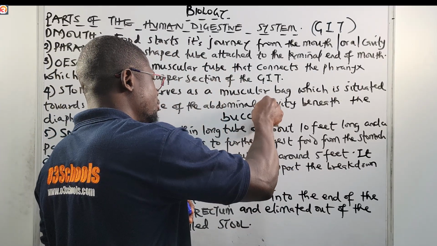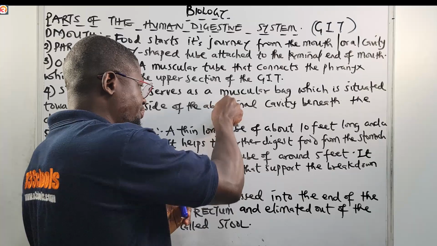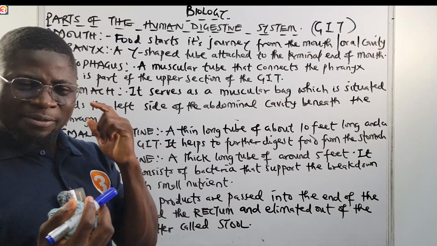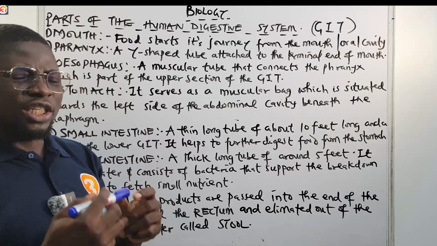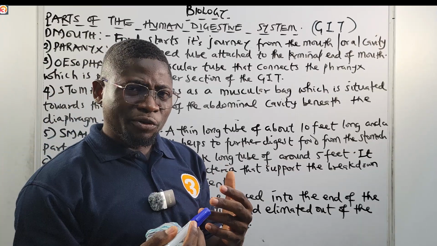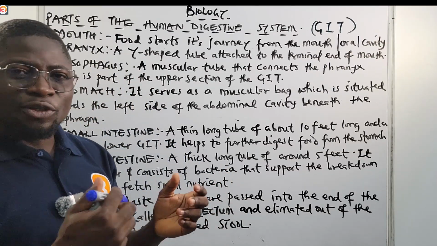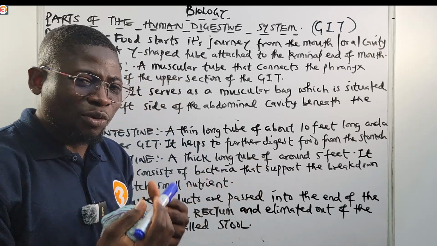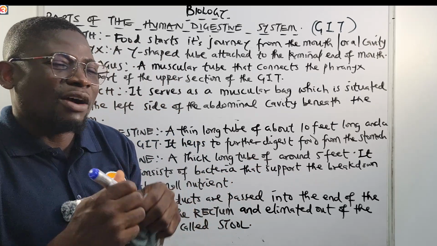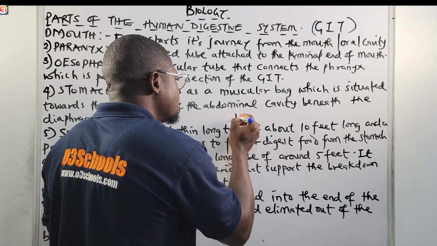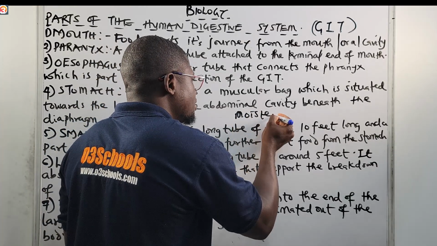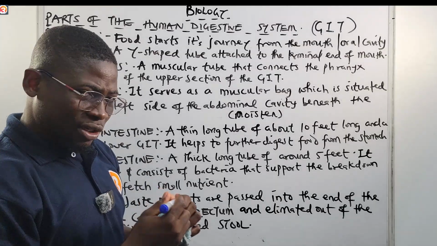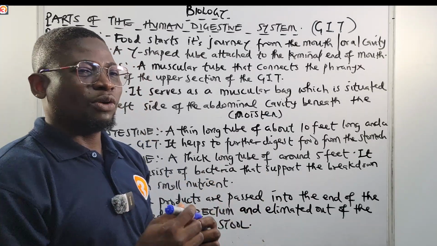So what happens in the mouth? As you take in food into your body, the teeth will first of all grind the food. Yes, it will crush the food. After grinding the food, what happens? Saliva will mix with the food to moisten it. Moisten, M-O-I-S-T-E-N. The saliva will moisten it, and then what will happen next?